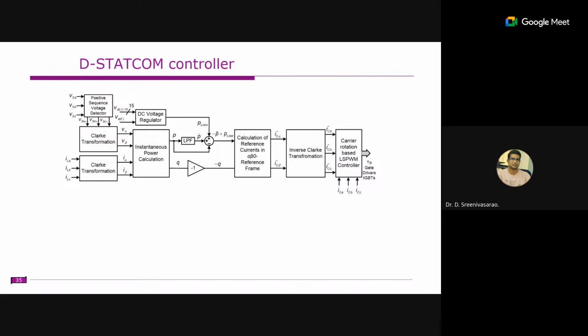As we discussed, the first thing is that we convert this into the Clarke transformation, and the grid voltages also we need to convert into the Clarke transformation. Sometimes the grid voltages themselves are not sinusoidal. Some small disturbances will be there in the grid voltages. To tackle the disturbances, we normally use phase locked loops that handle disturbances like unbalances or distortions in the grid voltages.